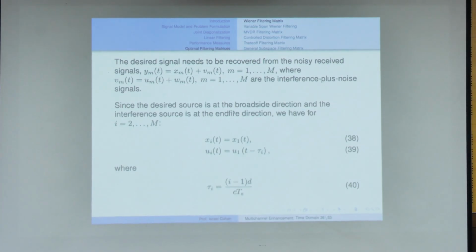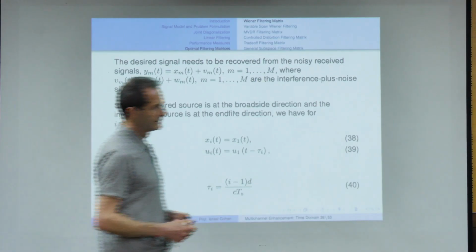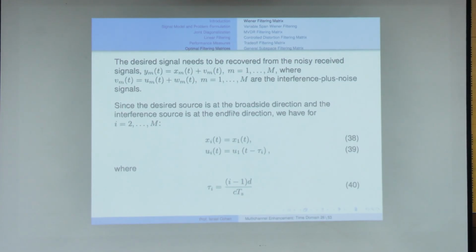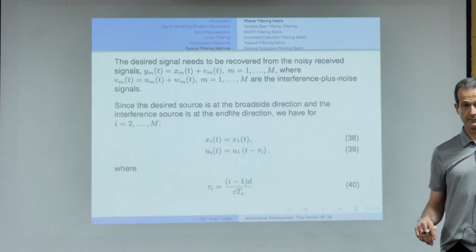So based on this example, we see that the desired signal comes from the broadside, so if we have an array like this, and the desired source comes from 90 degrees, from here, all the desired signals in all the sensors are the same.